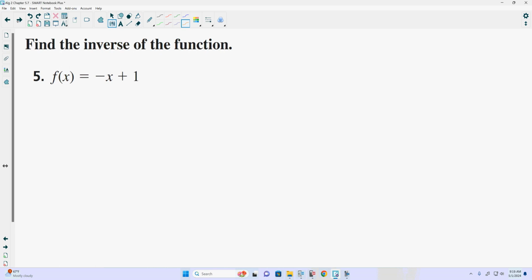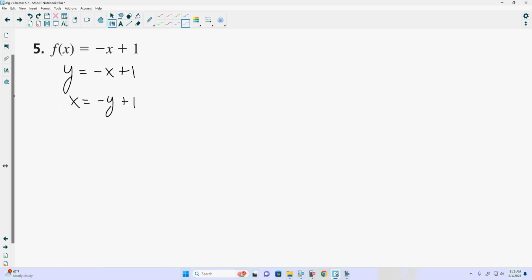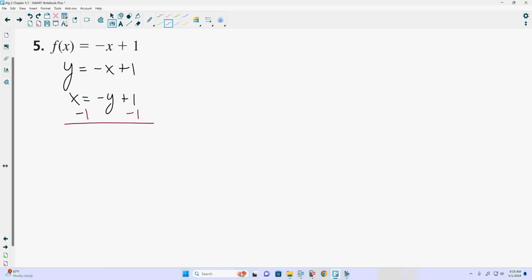This one here, we can go on and do it because we would rewrite f of x as y. Then we would switch x and y. Next step would be 2 minus 1. Knowing this, x minus 1 is equal to negative y, yes?